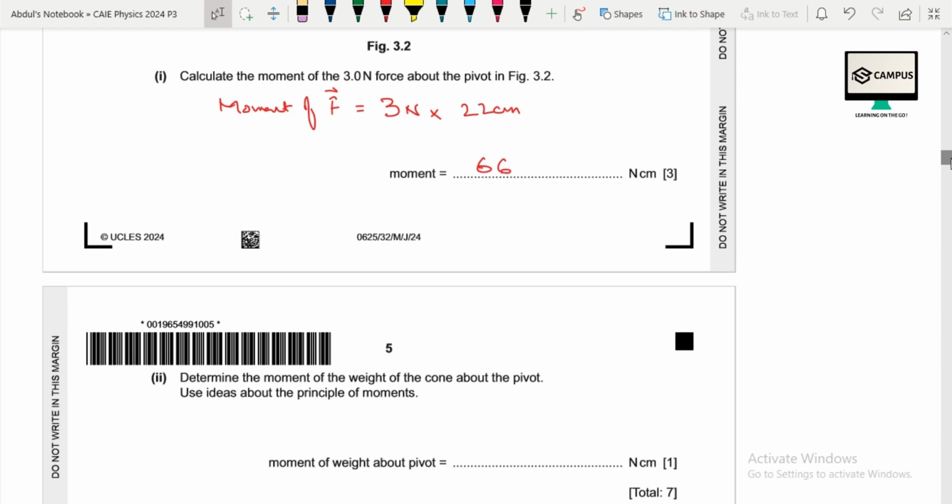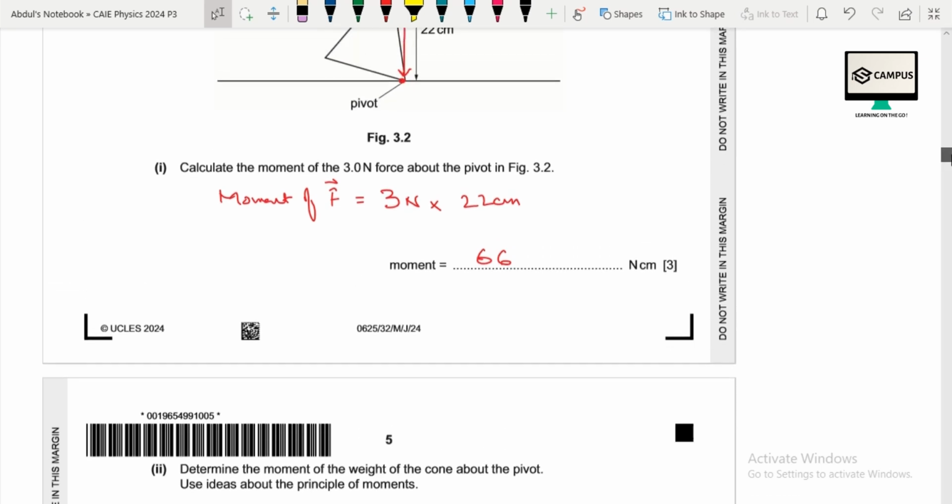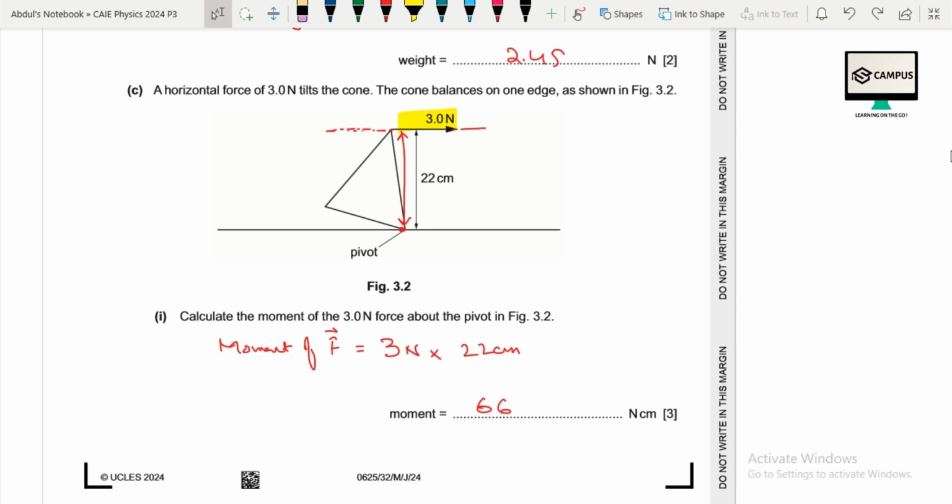So yes, we have a part two as well. Determine the moment of the weight of the cone about the pivot. Use ideas about the principle of moments. Since the cone is in equilibrium, there must be some other force that's balancing it. That other force is the weight force.